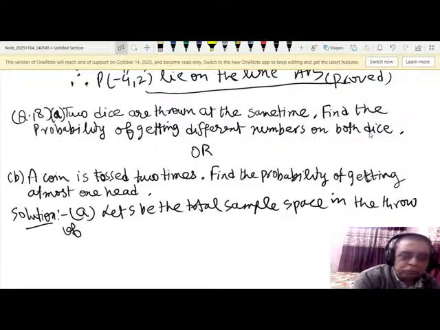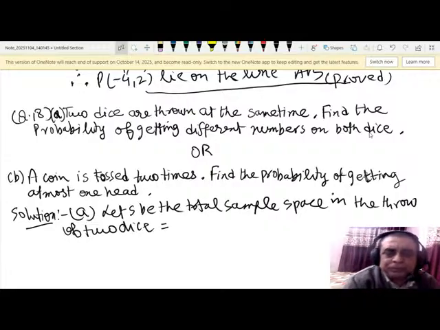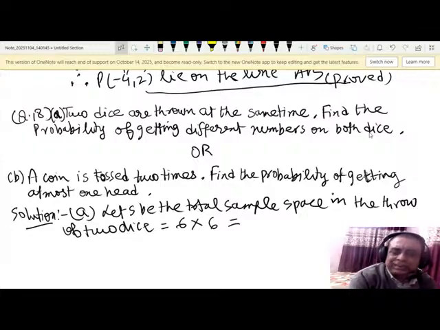Now, what is the total number of all possible outcomes? We know that in a single throw of a dice, there are six possible outcomes, any one number out of six. Similarly, in the second dice, the number of possible outcomes is 6. So the total number of possible outcomes in a single throw of two dice is 6 times 6, which is 36.